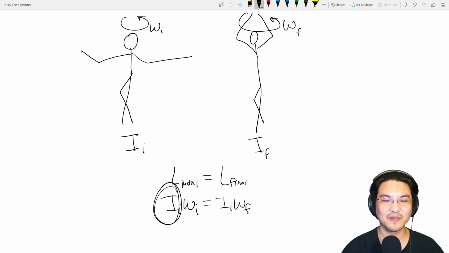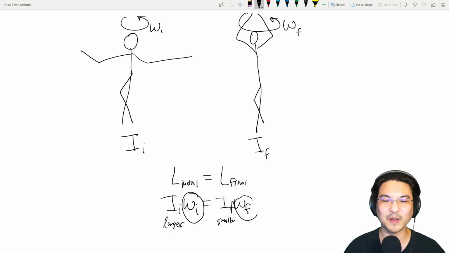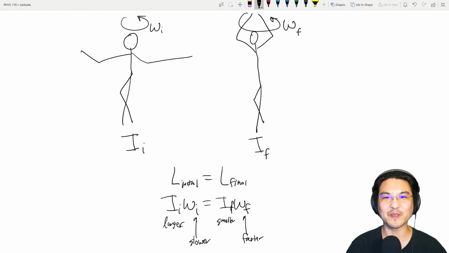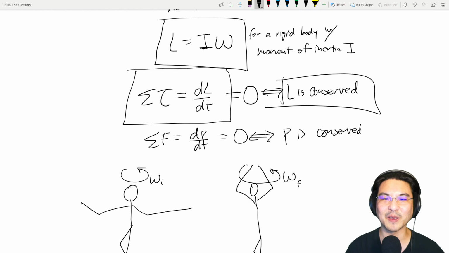So if the initial moment of inertia is larger and the final is smaller, then the initial angular velocity has got to be smaller, and the final has to be larger. So you're going slower here and faster over here. And this would be different if somebody came along and applied torque to the person. In this case, there's no external torque here. That's why this is zero, which is why angular momentum is conserved.